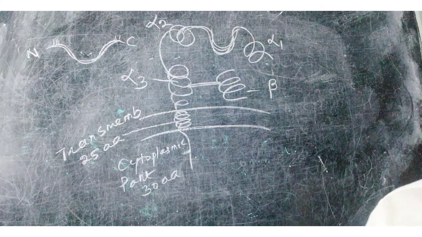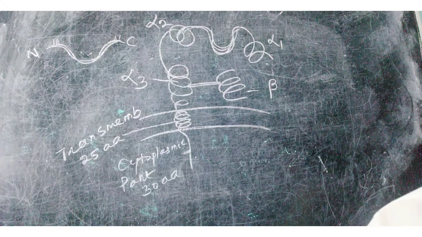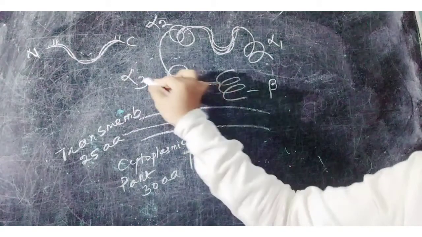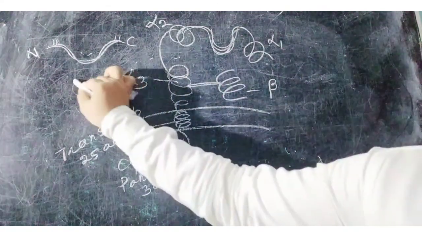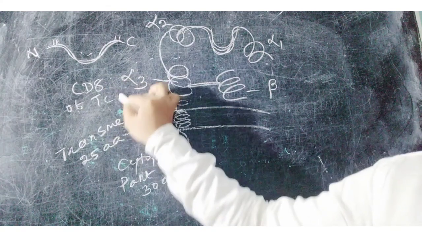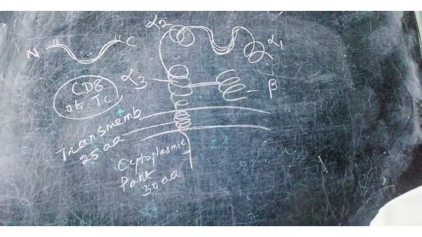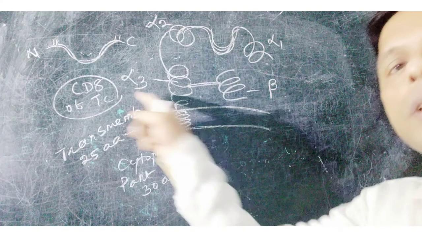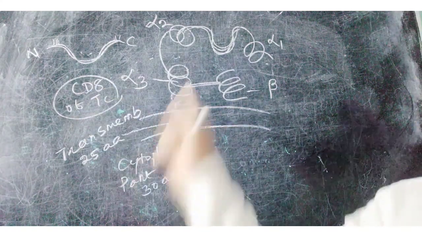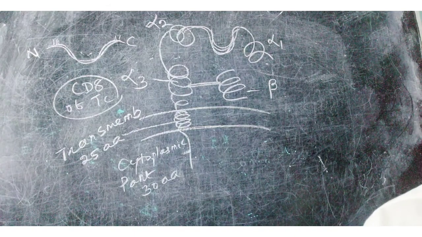The alpha 3 domain is responsible for presenting a sequence that interacts with the CD8 marker of the cytotoxic T cell. It consists of a small sequence which recognizes and binds with the TC cell. This is the function of alpha 3.